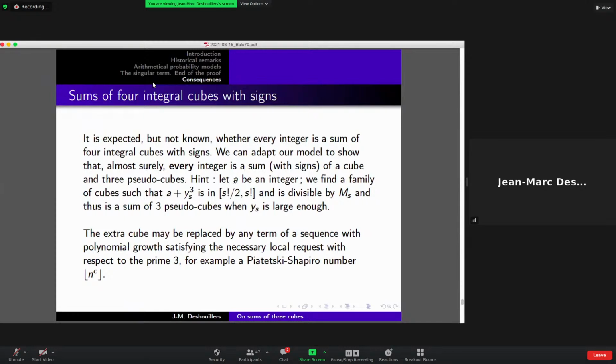So you take an integer a, and you can write a family of cubes ys, such that a plus ys cube is in s factorial over 2s factorial, and so it is divisible by ms. You have to work a bit on that, and then it is a sum of 3 pseudo cubes as soon as ys is large enough. And then you see that you can represent the cubes by a lot of different sequences with polynomial growth and things like that. Okay.